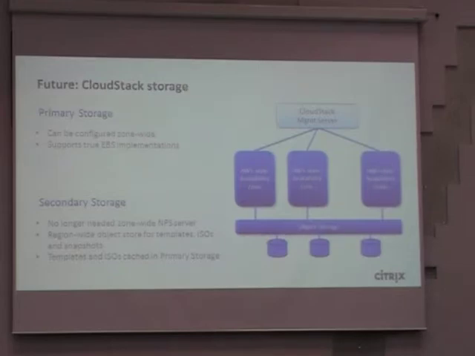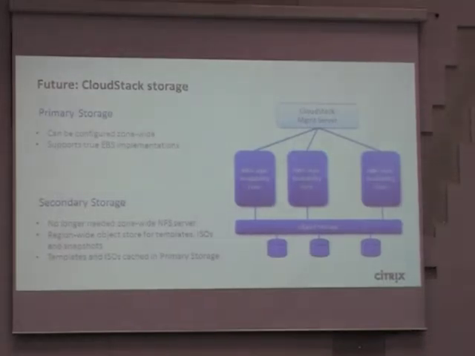We'll explain the current storage architecture with primary store and secondary store. Going forward, there will be some changes. The big change around primary storage is that today primary storage is only valid for one cluster.